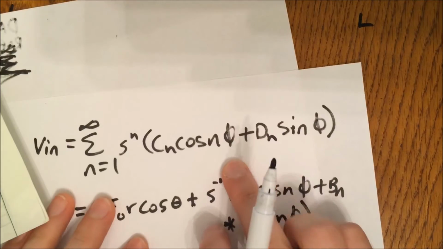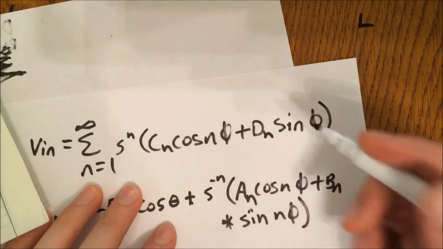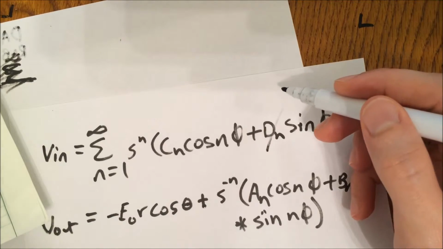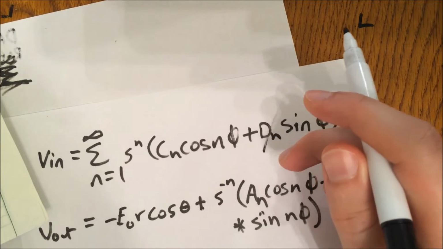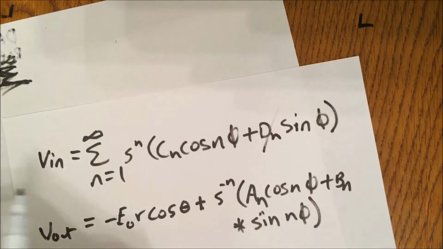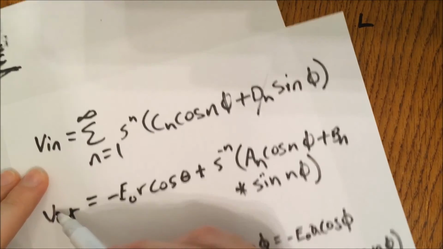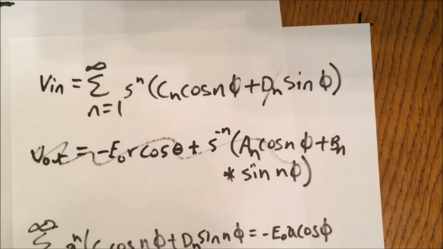So we can look at our potential function from earlier. The question was asking for the potential function on the inside of the cylinder, so we're not concerned with the outside at all.